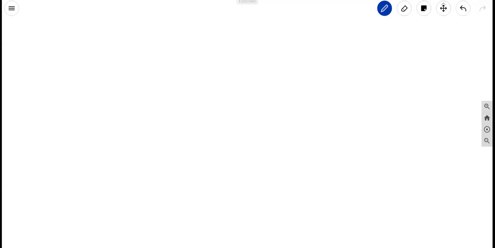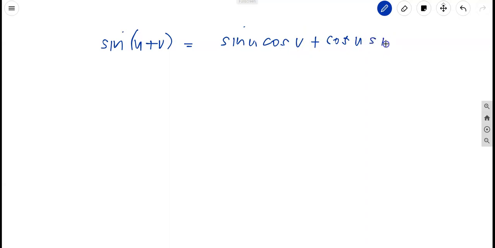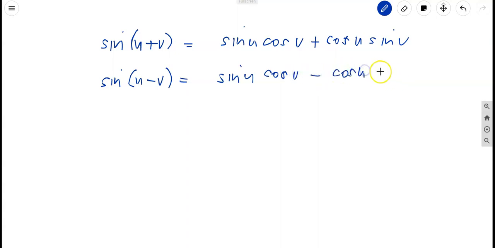We have sine u plus v equals sine u cosine v plus cosine u sine v. And another one, sine u minus v is equal to sine u cosine v minus cosine u sine v.